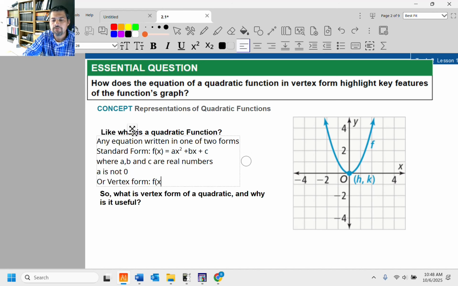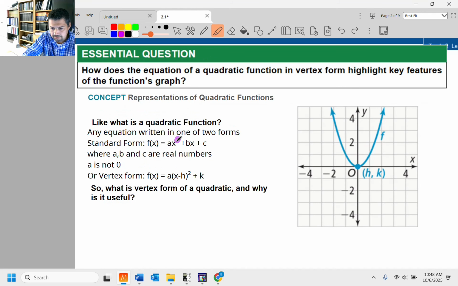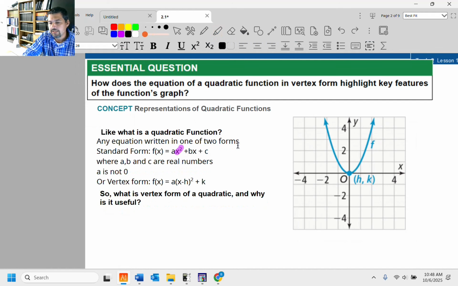Vertex form is something we've already talked about. It's f of x equals a times x minus h to the second plus k. Now, what makes us a quadratic is that second power on the x, and that's kind of worth talking about. And it's one of those little things that kids just don't get. That is the big deal about being a quadratic.